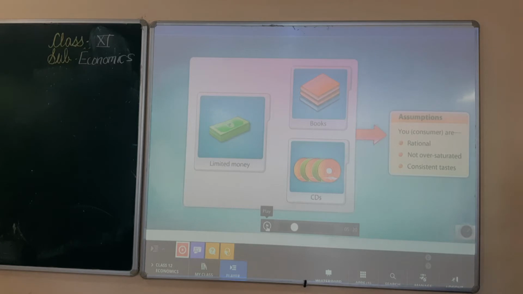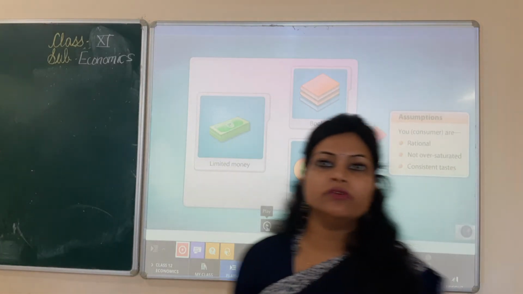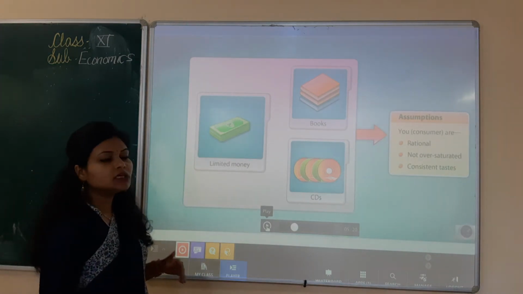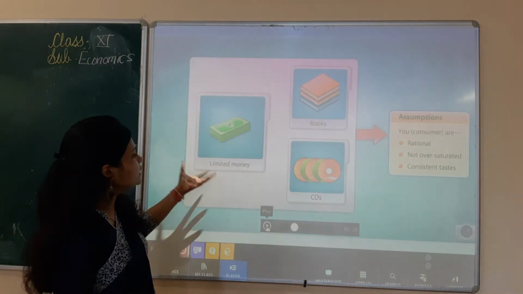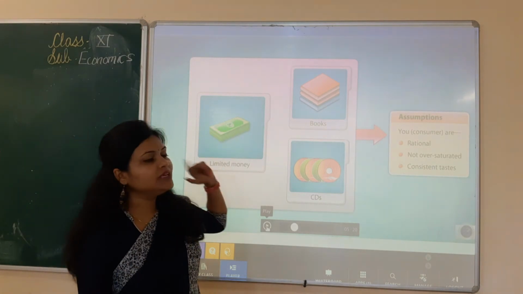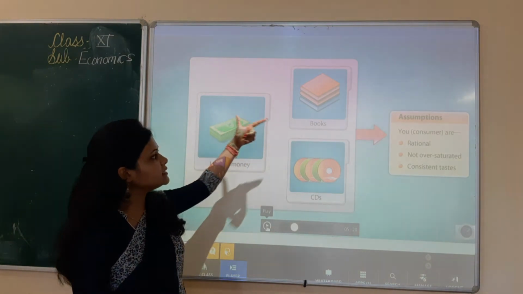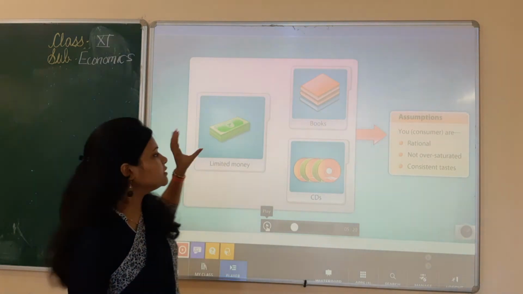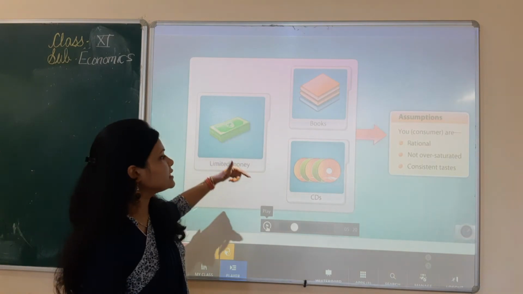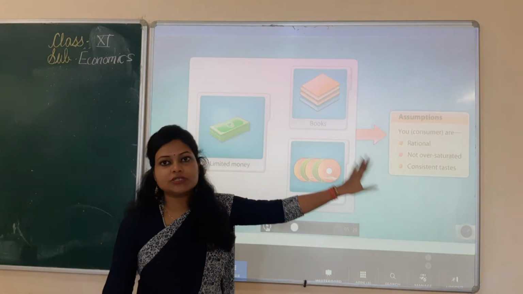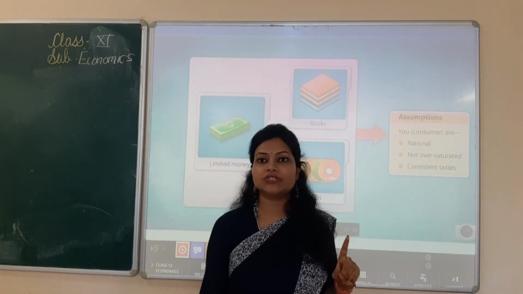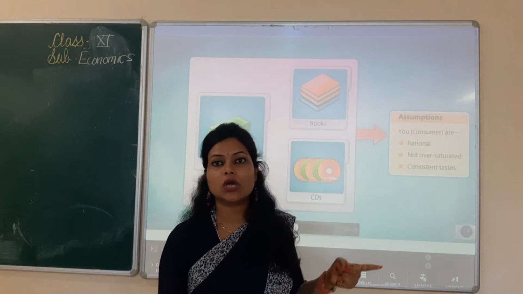So basically we are going to learn this theory with certain assumptions and examples. Here we are saying that we are the consumer who has limited money, and we have to spend it on two goods, that is books and CDs. With this limited amount of money we have to purchase these two products. The assumption is that you are a rational consumer, meaning the consumer is thinking logically.